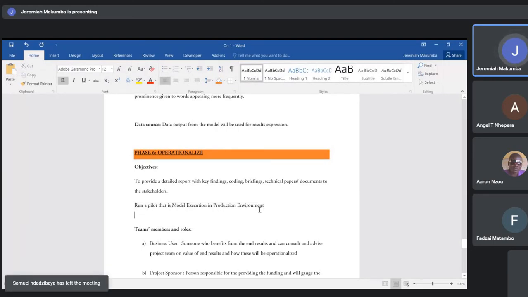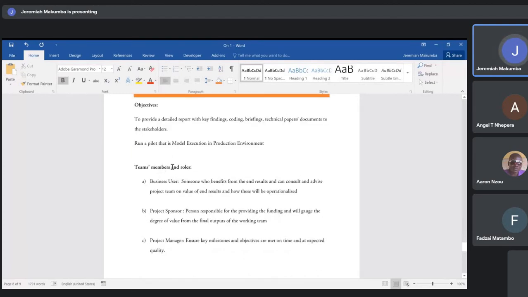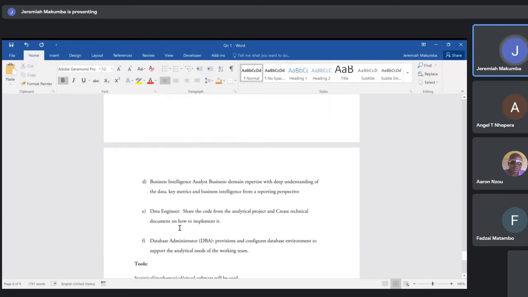It's like now we are deploying the model, which we have actually modeled in phase 4, into a live environment. Then the team members or roles include business users, project sponsors, project managers, business intelligence analysts, engineers, and database administrators, right?